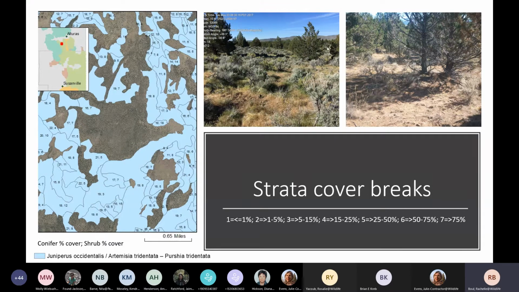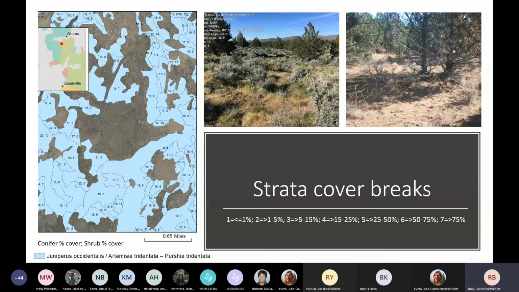And if you look at these two photos over here, which are both taken within this same association, but different stands, you'll see that they look very different. The one on the left shows a more open juniper woodland with fairly high shrub cover.